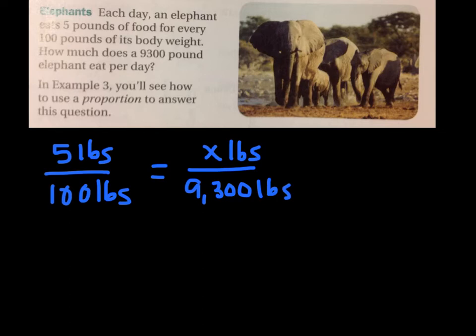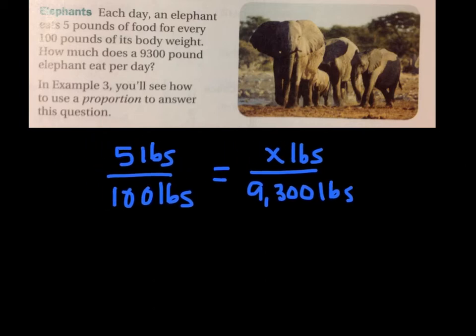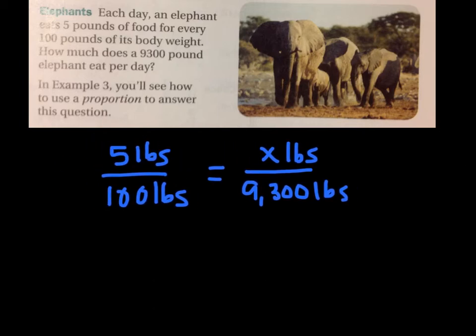Okay? Now we simply solve using algebra. So we begin by simply multiplying both sides of our equation by 9,300 to isolate our variable. At this point, we can choose to cross-reduce to make our work just a little bit easier if we wish.